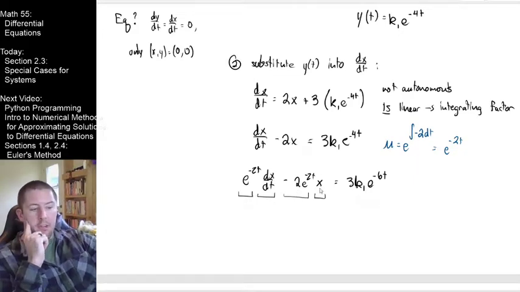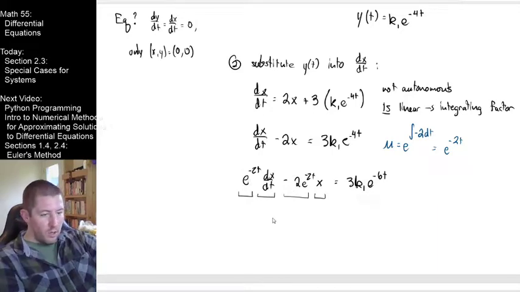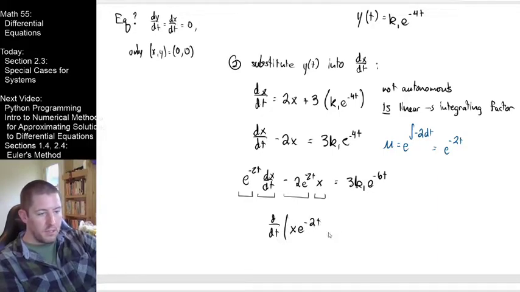I've got the x left alone on one side, the derivative of x on the other. I've got e to the negative 2t left alone here, and the derivative of e to the negative 2t here. So this is really just the derivative with respect to t of x e to the negative 2t. I'm undoing my product rule here.